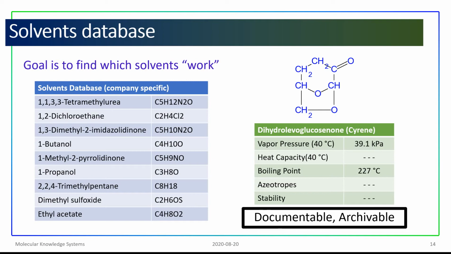By this, we simply mean that imagine 5 years from now, if someone asks you, how did you pick that solvent for the new cleaning solution we're selling? You can quickly find all the information that was used to make all the decisions in the selection process. So let's begin addressing each of these complications.